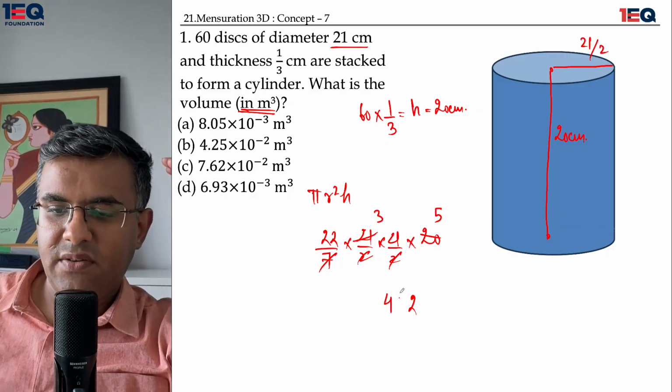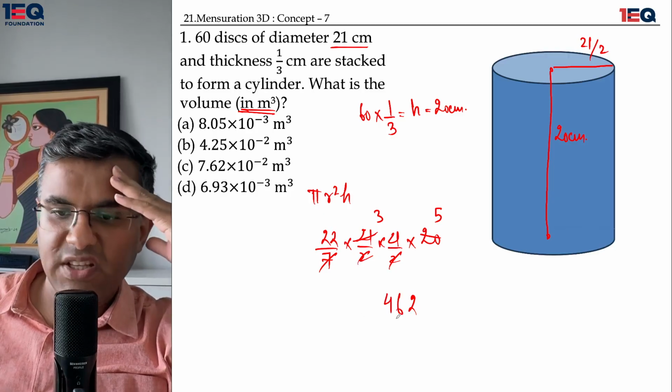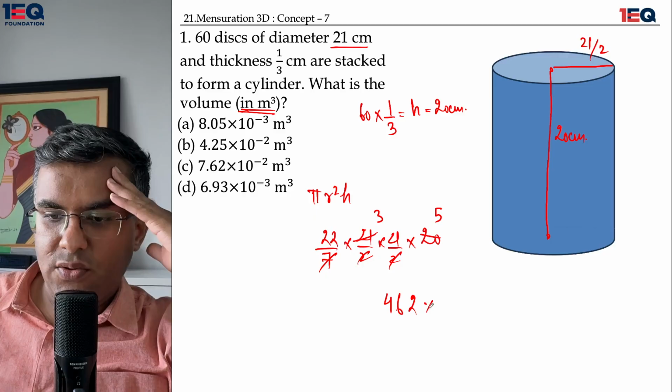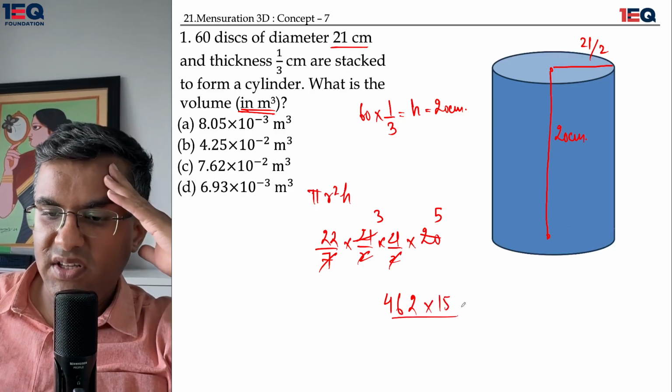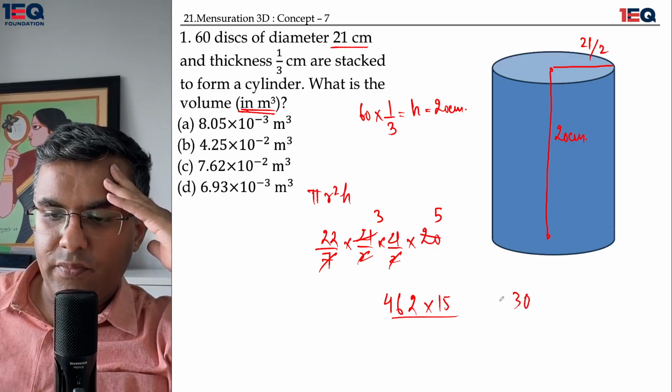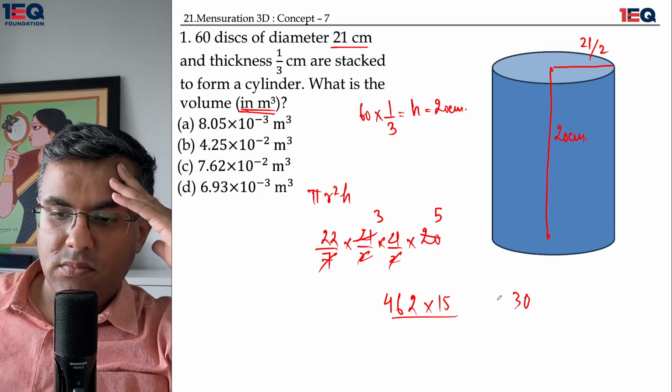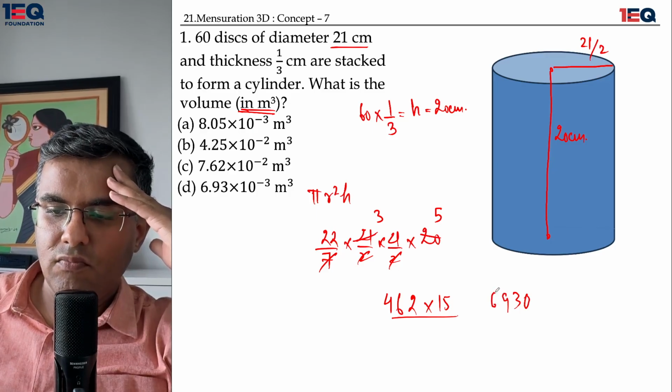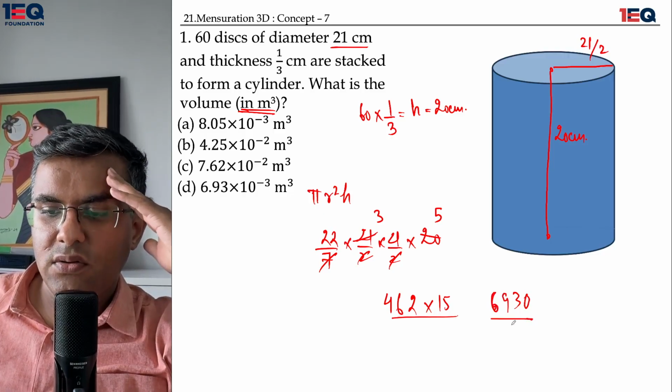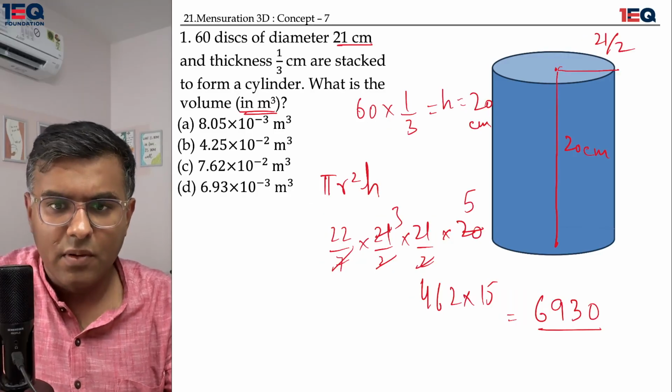This becomes 462. 462 multiplied by 15 is where I'll find my answer. 6930. 6930 is the volume from the question.